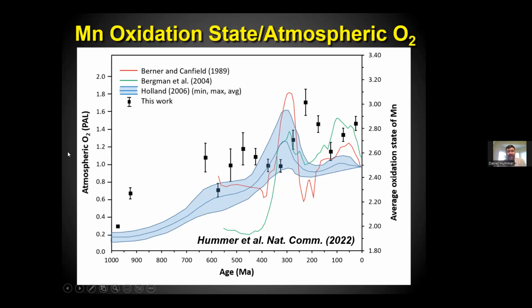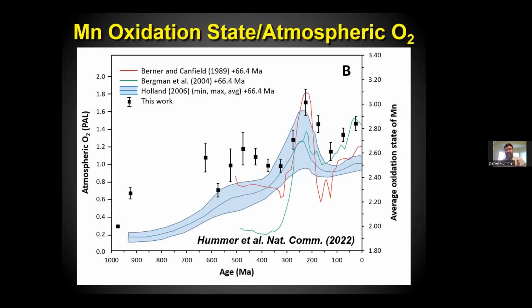Okay, so this turns out to be a very real correlation. If we shift all of these values over by about 66 million years, then the trends line up perfectly. And by the way, we didn't just do this visually, we did a statistical test to see if there was a direct correlation between the atmospheric oxygen and the manganese chemistry. And there was a very strong correlation.